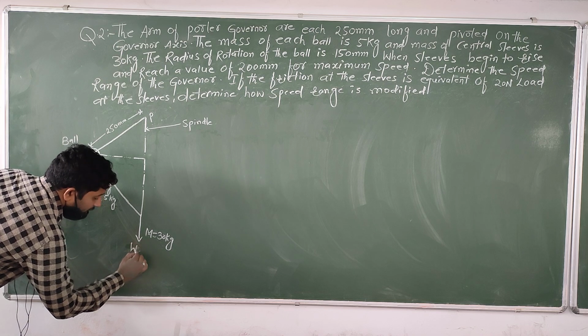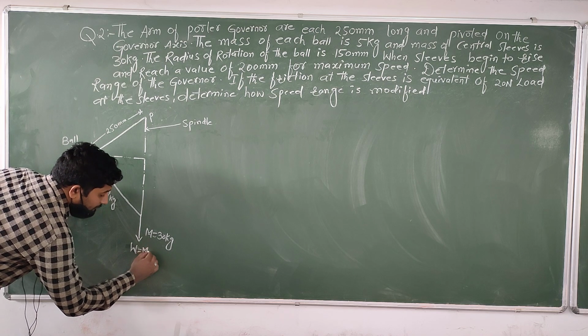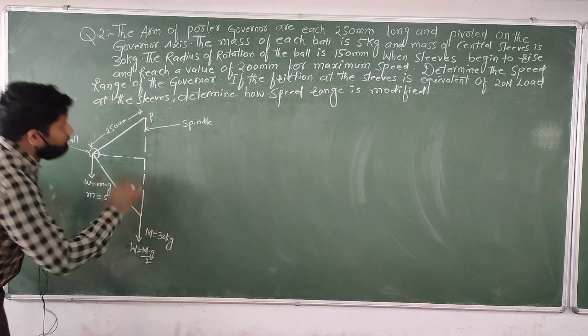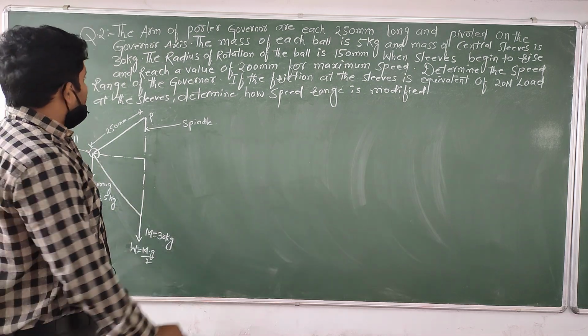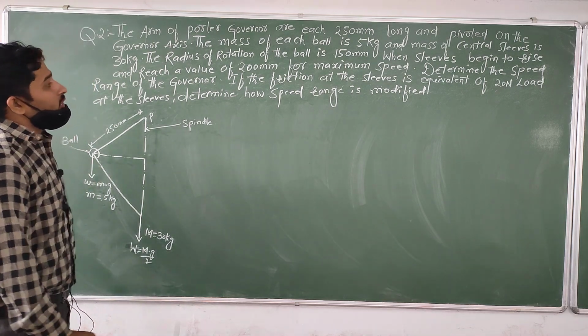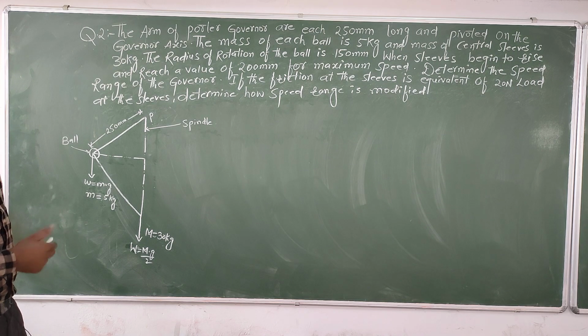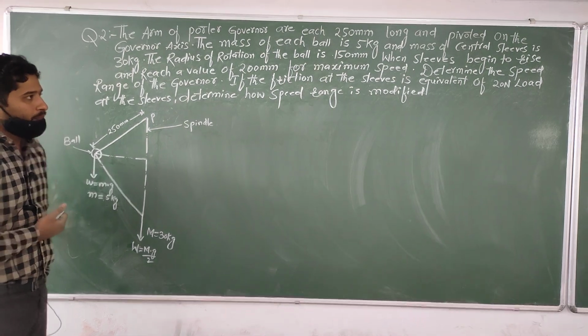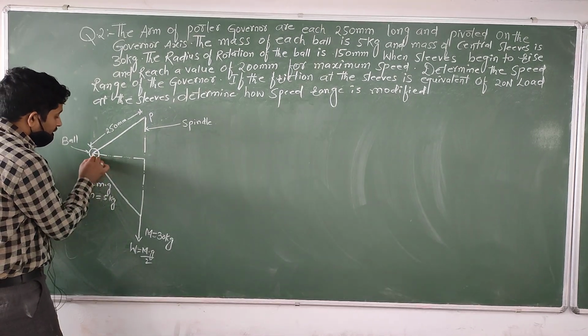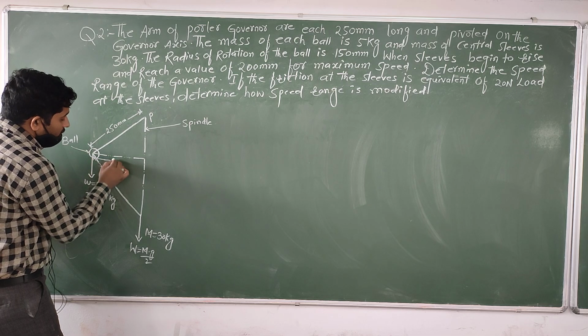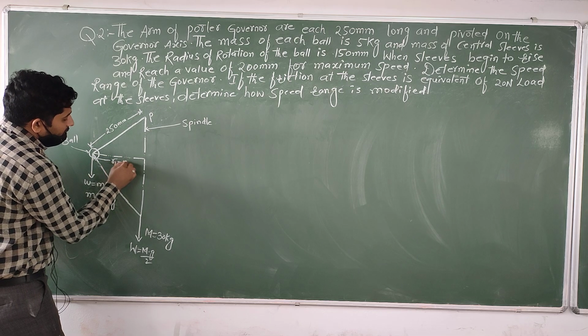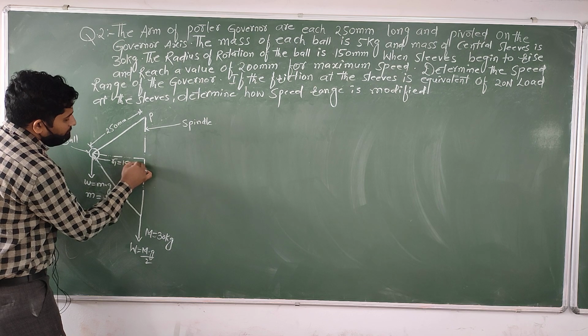The weight equals M G by 2, and the radius of rotation of the ball is given as 150 mm. The first thing is the radius of rotation of a ball, R1, is given as 150 mm.